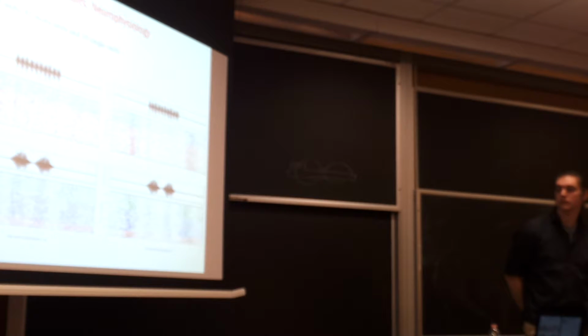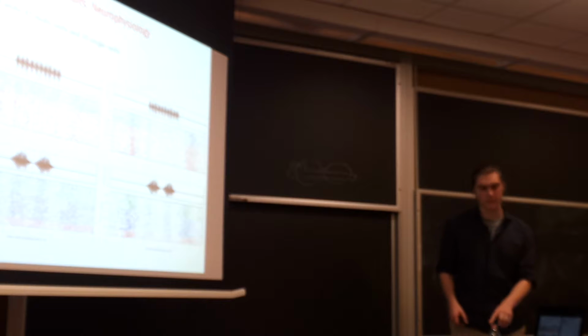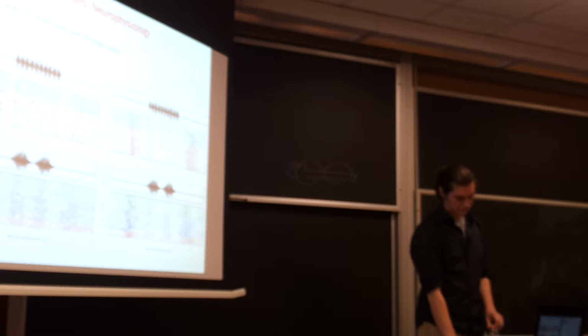All right. So maybe a little bit of a broader question. One issue with temporal coding in general is the difficulty of imagining biologically plausible ways of decoding the code from the perspective of the higher order brain areas that are reading out the activity of these neurons.